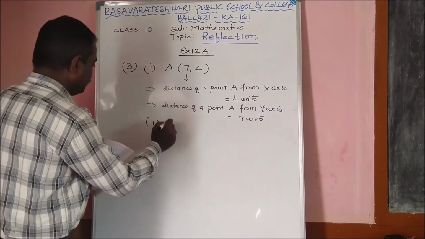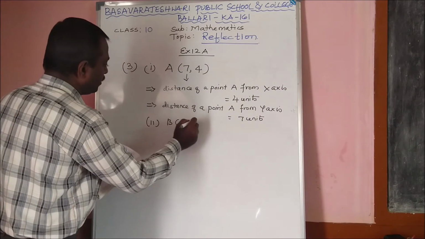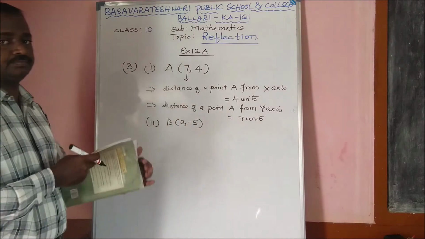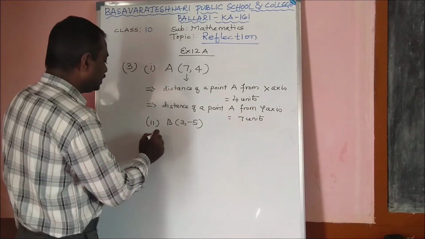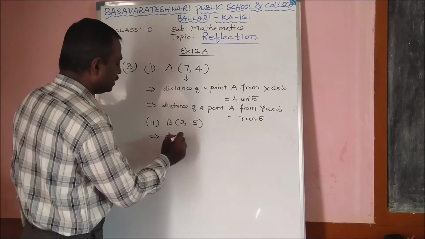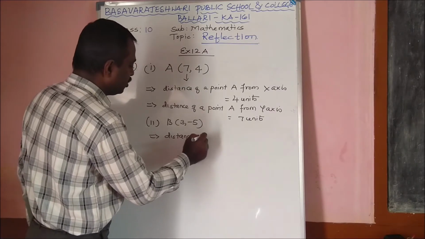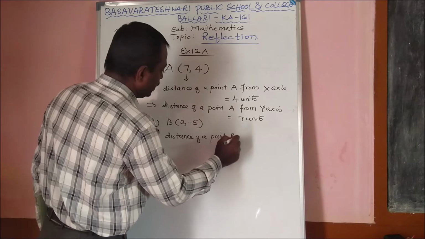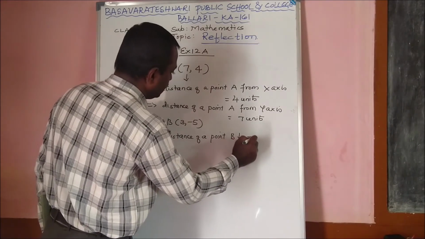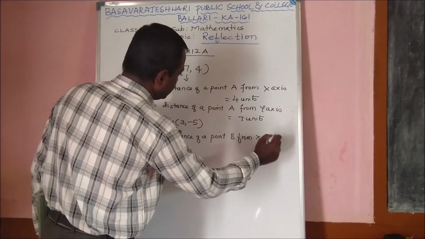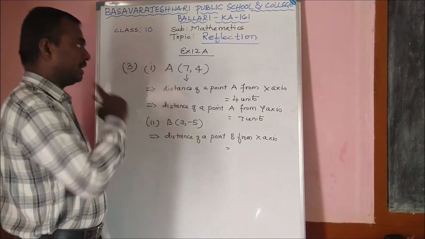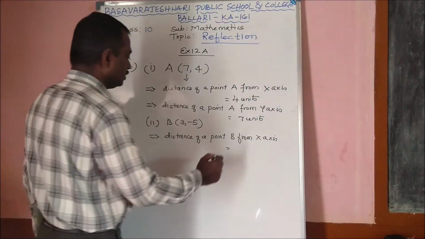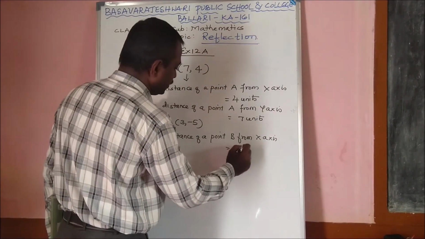Second one, B (3, -5). Distance of point B from the x-axis is equal to -5 units.